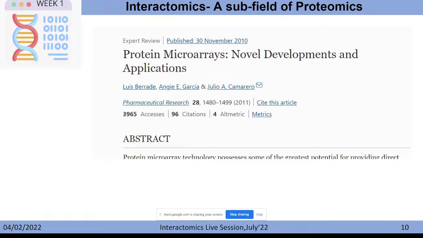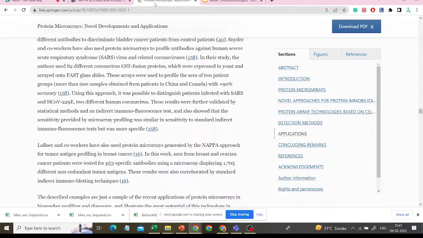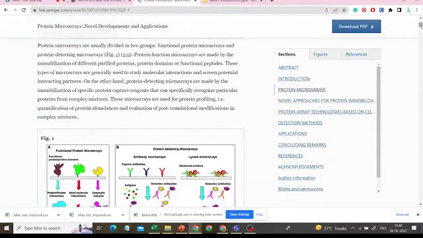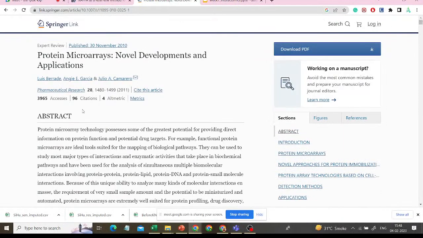Now let us look at some of these developments and technologies. If you have any doubt, in the first week lecture you went through a number of protein arrays, their types, advantages and disadvantages. Let us go through it once, and then you would be clear and able to solve any question in that matter.